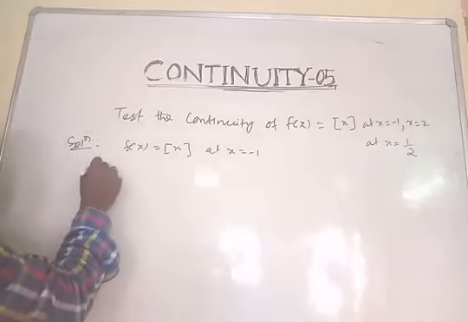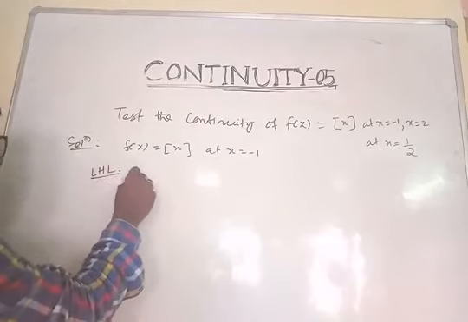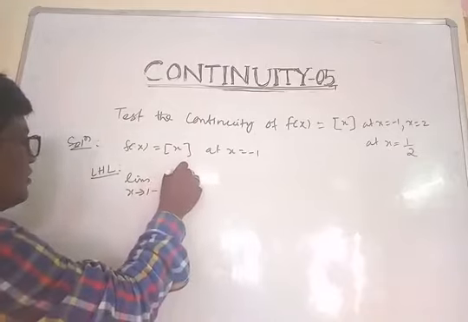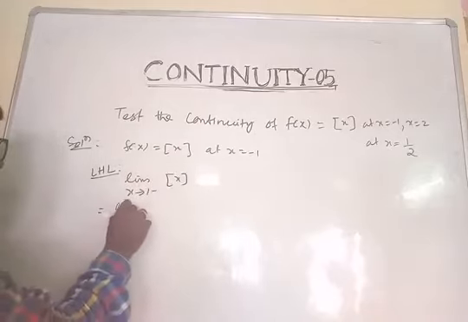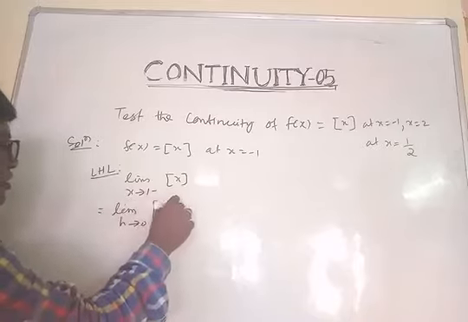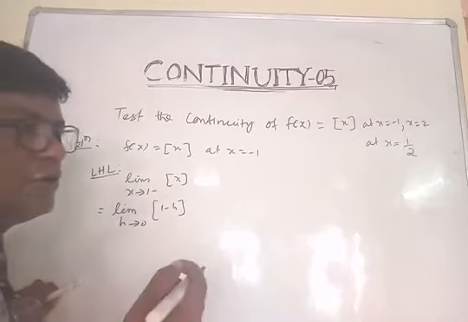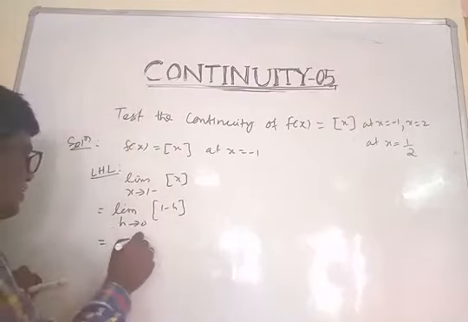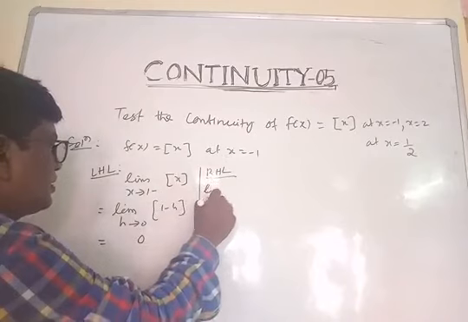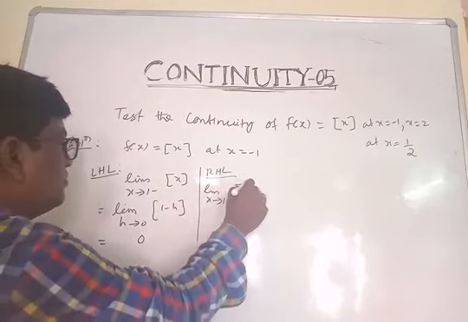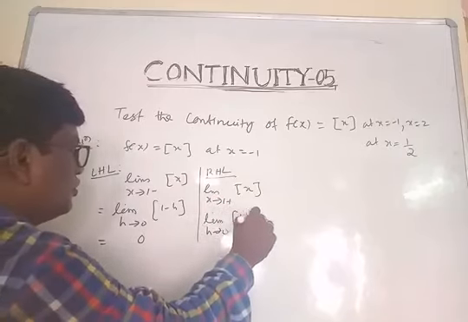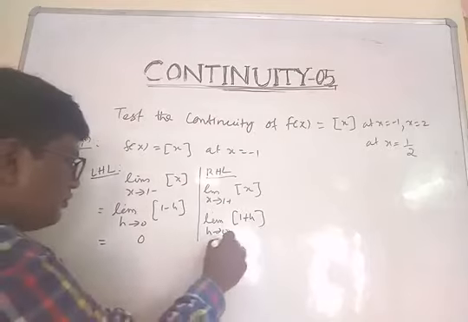So LHL, limit x tends to 1 minus of bracketed x, is equal to limit h tends to 0 of 1 minus h. 1 minus h means 0 point something, and bracketed 0 point something means 0. RHL, limit x tends to 1 plus of bracketed x, is equal to limit h tends to 0 of 1 plus h. 1 plus h means 1 point something, so it is 1.